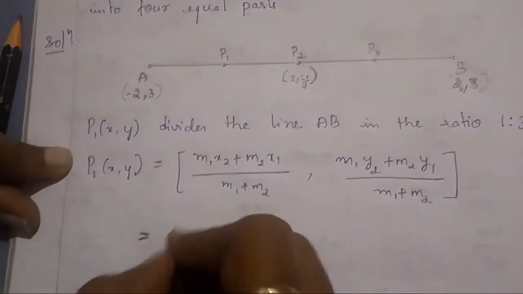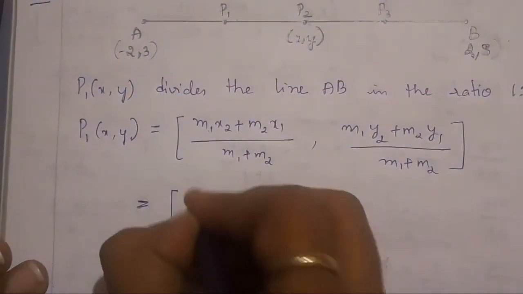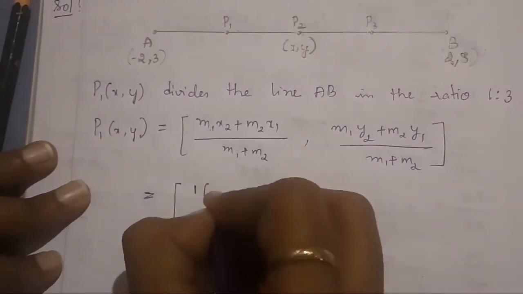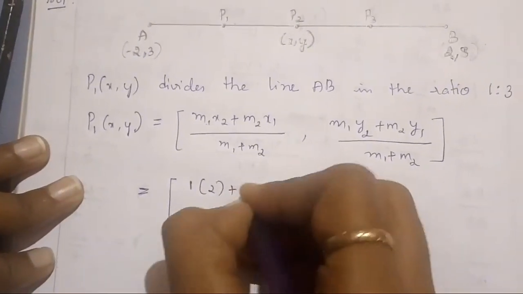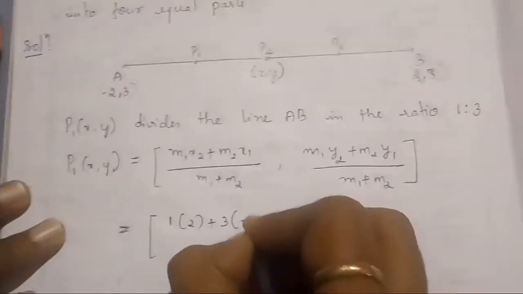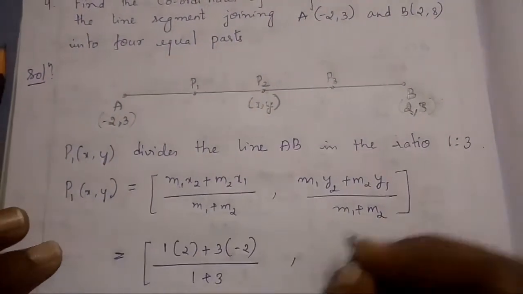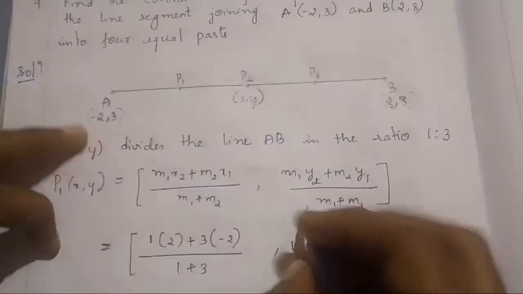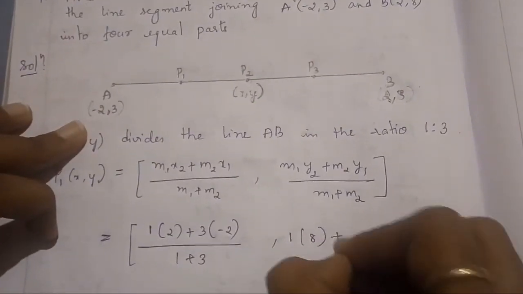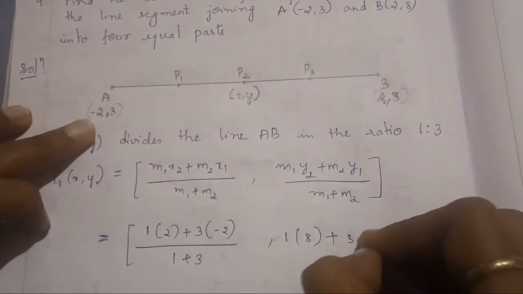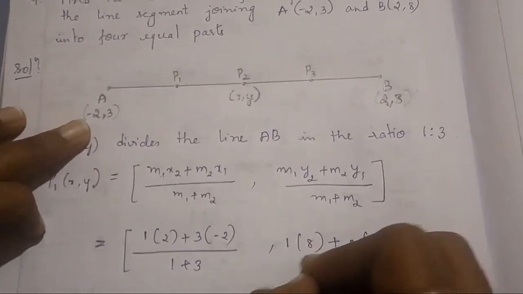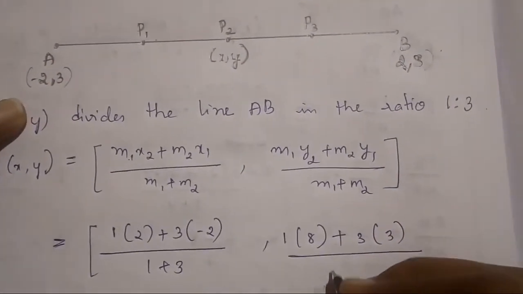That is, M1 is 1, x2 is 2, M2 is 3, x1 is minus 2, that is M1 plus M2 is 1 plus 3, M1 is 1, y2 is 8, M2 is 3, y1 is 3, divided by 1 plus 3.